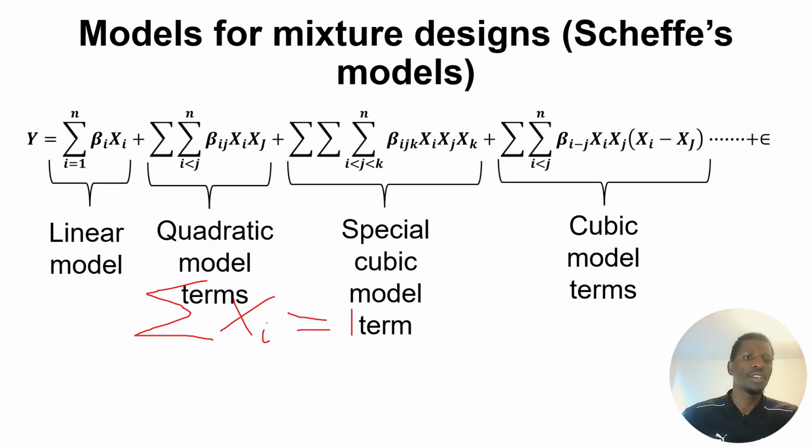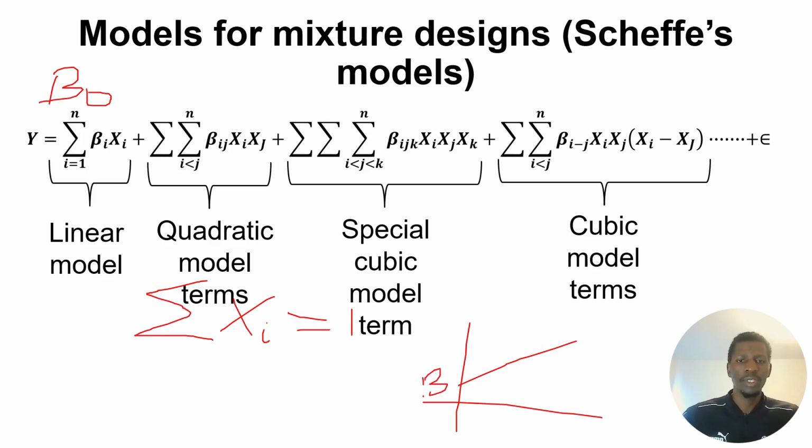So here, notice the difference between a mixture model and a process model. The first difference is the absence of beta zero. There is no beta zero in the mixture model. Why? Because the intercept, which is actually beta zero, is a point on the y-axis where the values of x are 0.